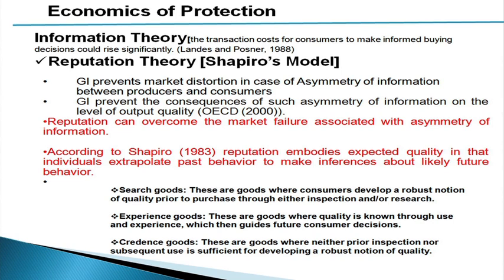Then we make a purchase decision. With experience goods, if I have already experienced the goods, say I am using an LG TV, then I again think about an LG fridge, because I have experience with the particular name LG. So, that is the experience good.